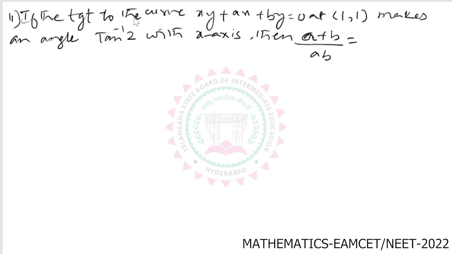Okay, now write down the options. The first option is 0, second option is 1 by 2, the third option is minus 1 by 2, and the fourth option is plus 2. Okay, now write down the solution. What is it asking?